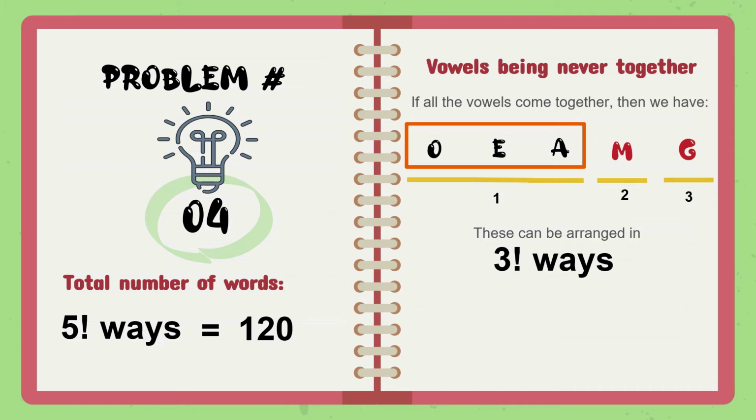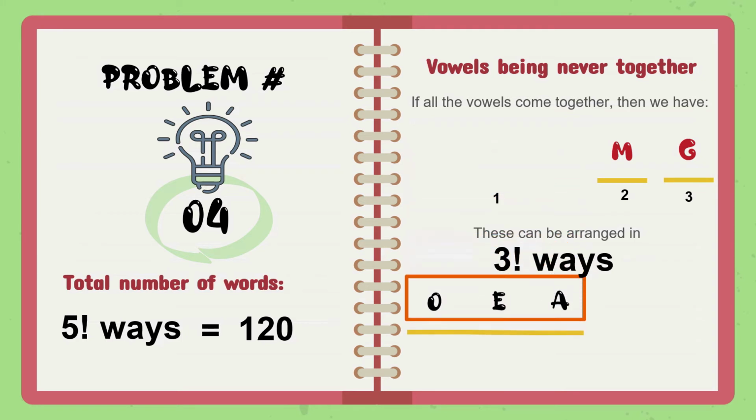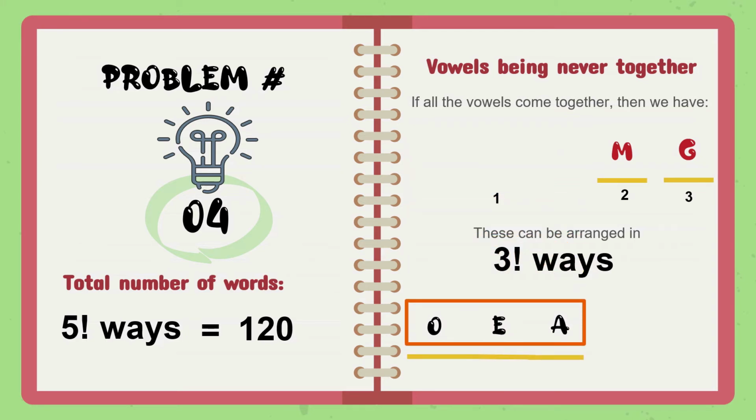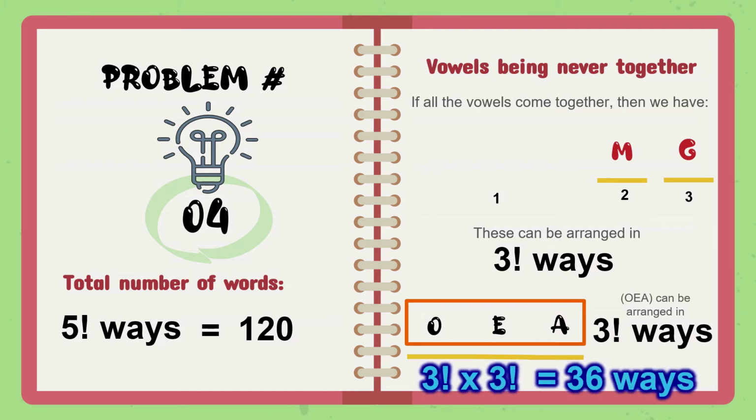But these 3 vowels, O, E, and A, can be interchanged and can be arranged also in 3 factorial ways. With this, the total number of words that can be formed when the vowels are together is 3 factorial times 3 factorial, which is equal to 36 ways.